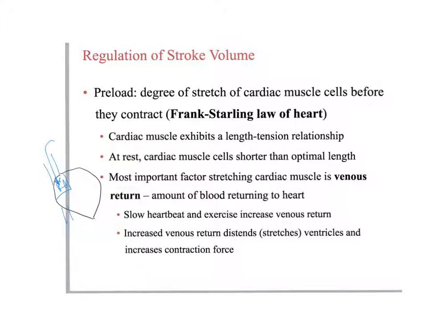Because when you start moving muscles to exercise, you push blood that's in your veins back to the right atrium. You increase venous return, you increase preload, you increase stroke volume as well. So even moderate exercise increases cardiac output.